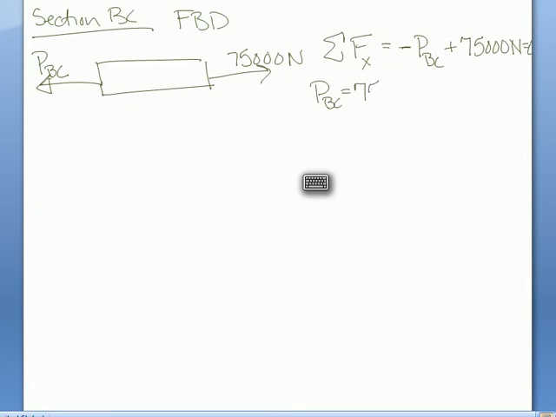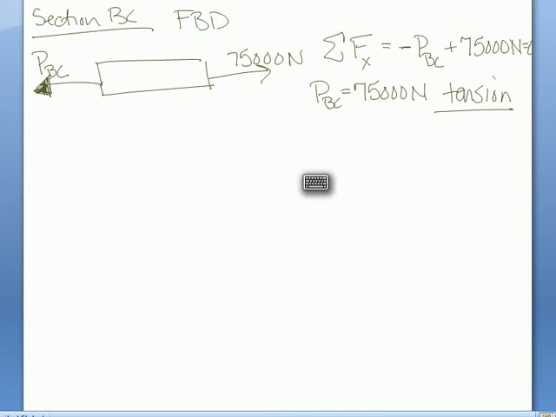PBC is equal to 75,000 newtons, and the fact that the positive sign coming out of the equilibrium equation matches the direction indicated, and the fact that the direction is pointed away from the cut face tells us that that internal force is a tension force.